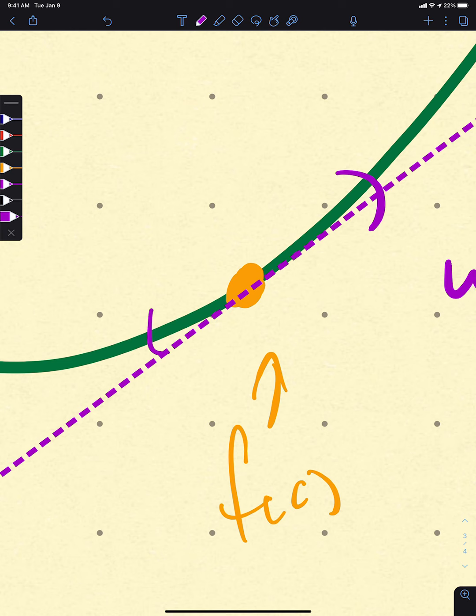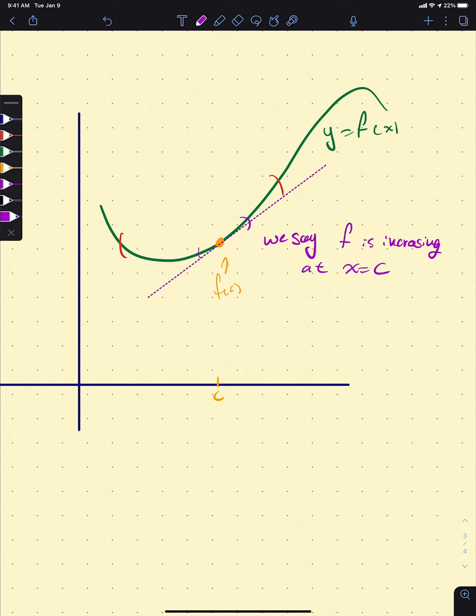And since the derivative tells us the slope of the tangent line, observe that if the slope of the tangent line is positive, our function is increasing. If the slope of the tangent line is negative, then our function is decreasing.